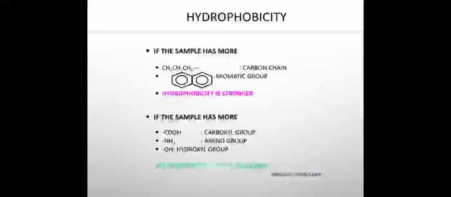And if the sample has carboxylic, amino or hydroxyl groups, at this stage the hydrophobicity is weaker. That means a compound having more carbon chain and aromatic groups has strong hydrophobicity, and a compound containing carboxylic, amino and hydroxyl groups has weaker hydrophobicity.